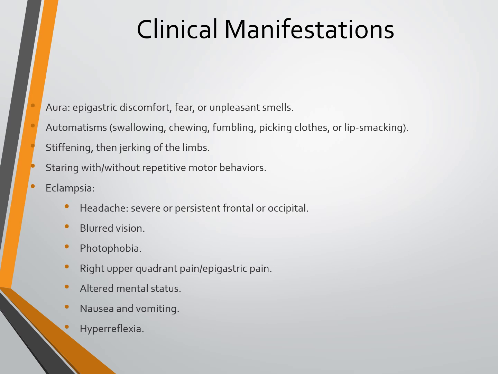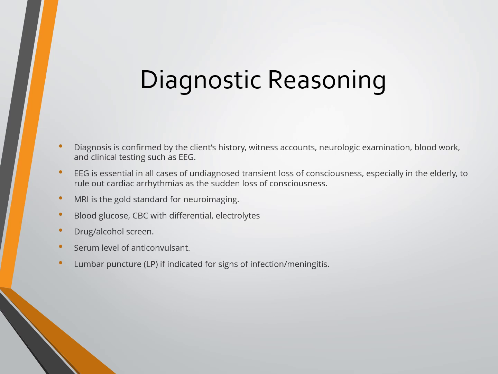So how do you as a clinician evaluate that patient who presents with a seizure or symptoms that you believe may be a seizure? Diagnosis for seizures is confirmed using an EEG, right? But it's important that you take a comprehensive patient history.